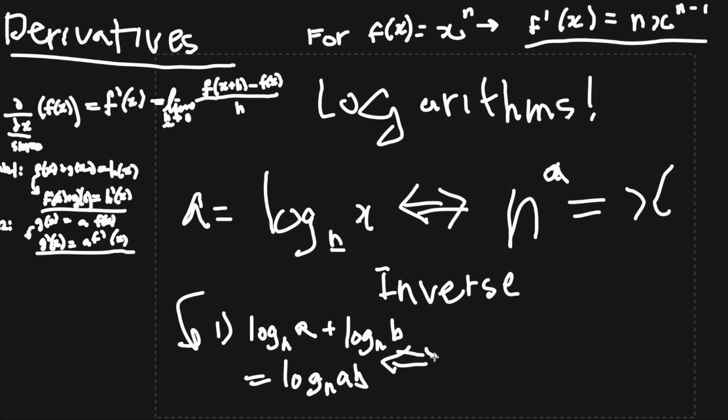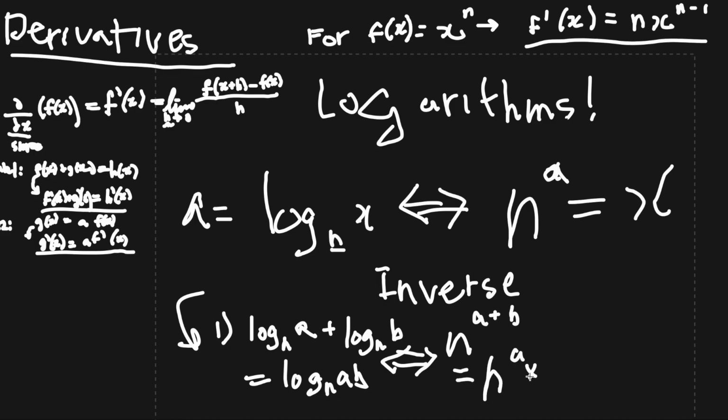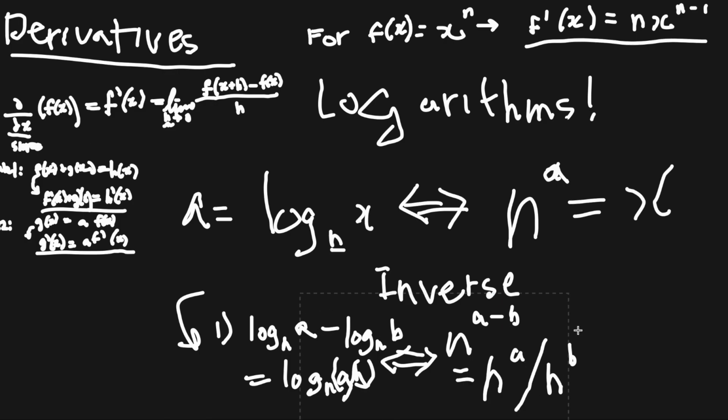This is like the opposite of what happens in the exponential realm, where n to the a times n to the b equals n to the a plus b. Similarly, since dividing the outputs is the same as subtracting the inputs in exponents, subtracting the outputs is the same as dividing the inputs in logarithms.